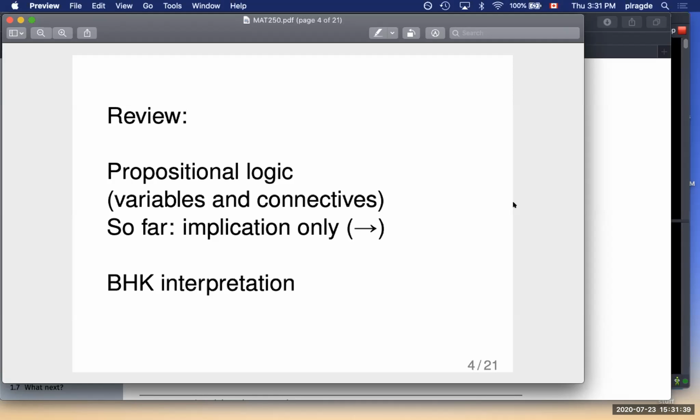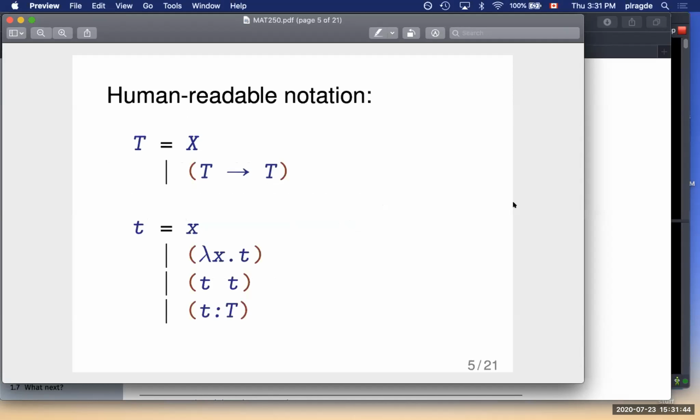So I hope you get that far with the time, and I better keep going, otherwise you won't. So to review, we have a human readable notation for types, capital T, and terms, little t. Taras has already been using a bunch of different words for these concepts, right?